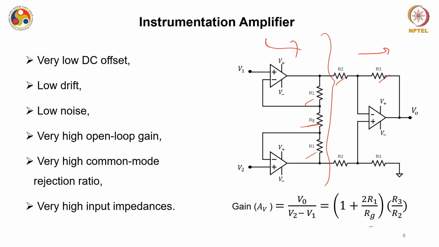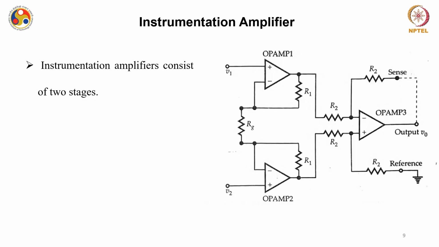So very high input impedance, less DC offset, low drift, low noise, very high AOL, and very high CMRR make this ideal for sensing applications. So let's see its construction in a little more detail. If you see this IA, it has two stages basically.